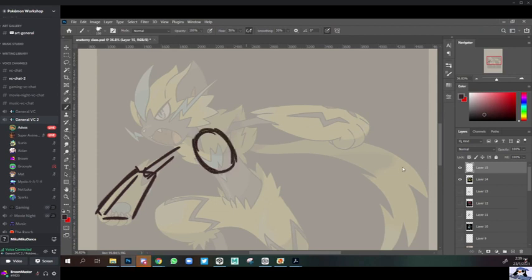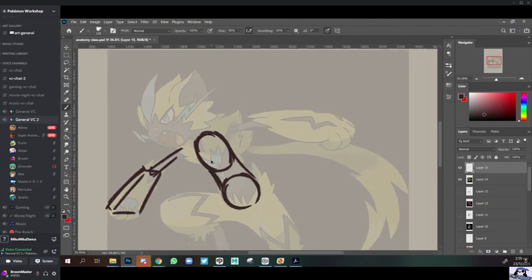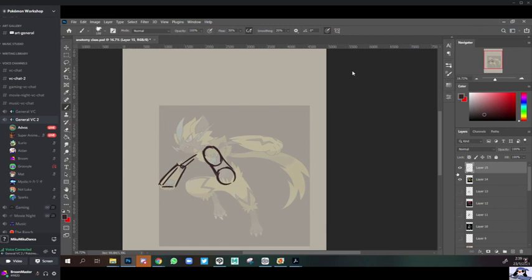The ribcage makes sense to be here. The pelvis makes sense to be here. So, in the end, the bodies of all these Pokemon are very similar to those of humans. Once you can get it down on how it looks on a human, it can translate quite well over to Pokemon.